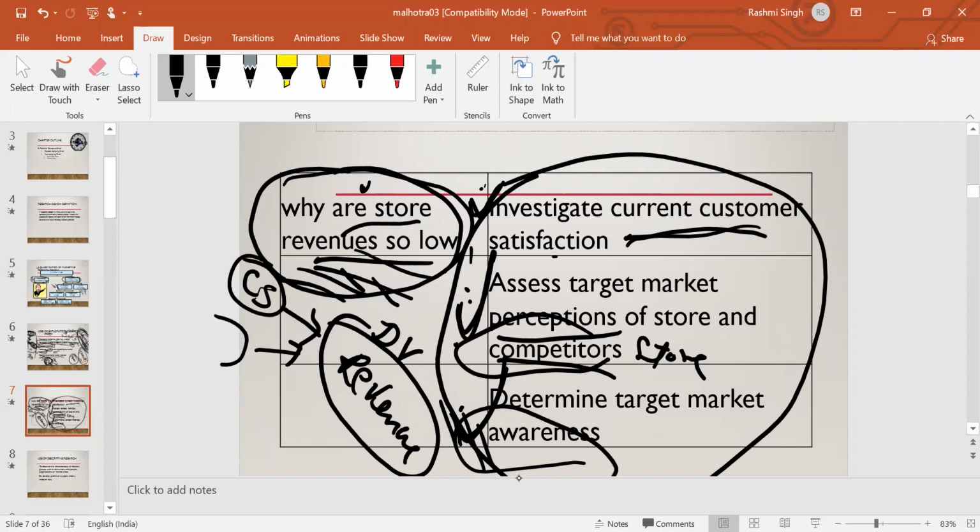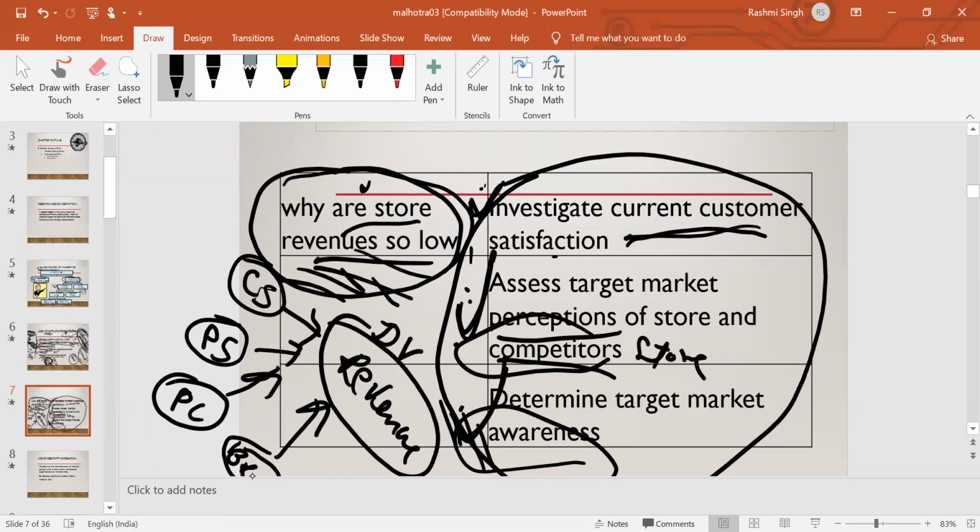Then perception of consumers towards your store, and perception of consumers towards your competitors. Then you are also trying to identify the target market awareness, or you can say brand awareness. So you come up with four different independent variables that are going to affect the revenue of your store.